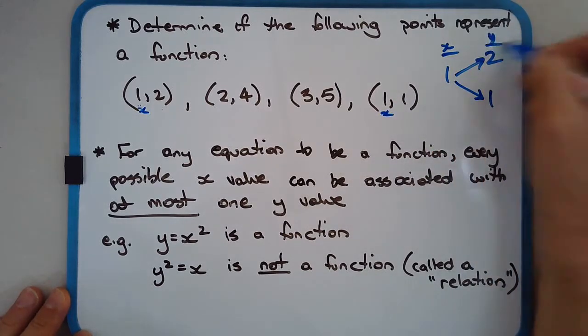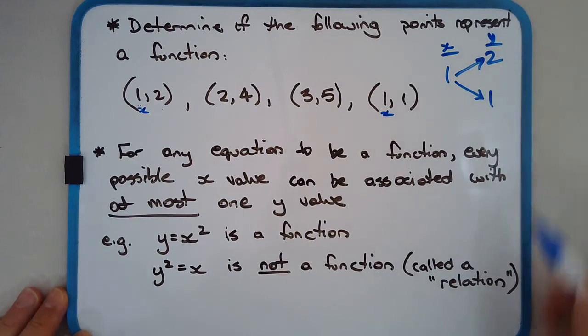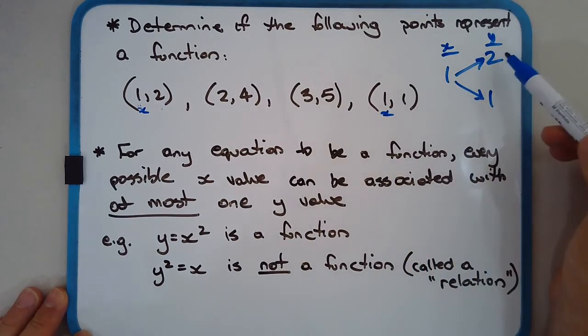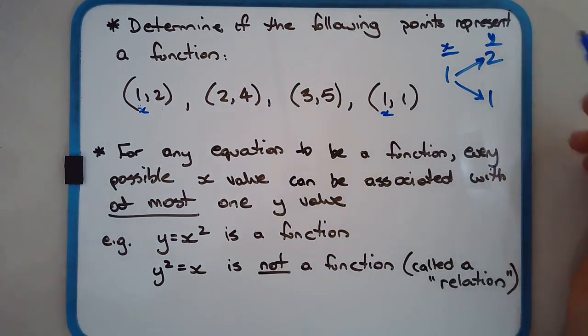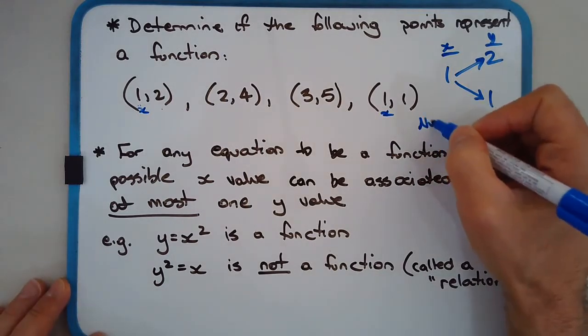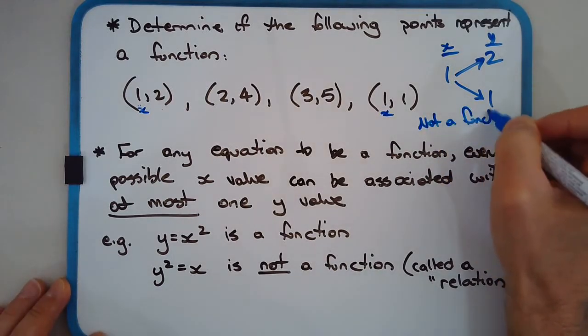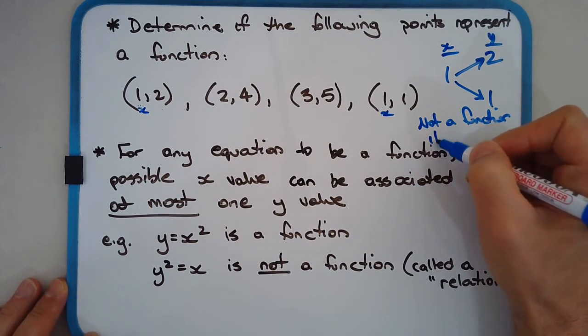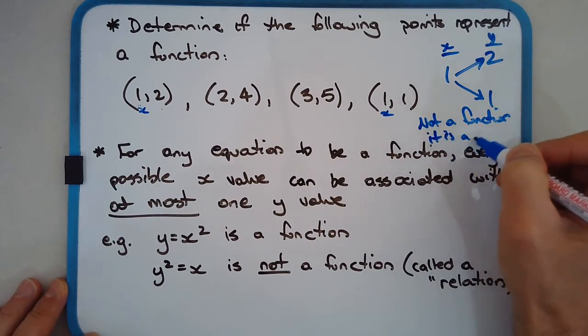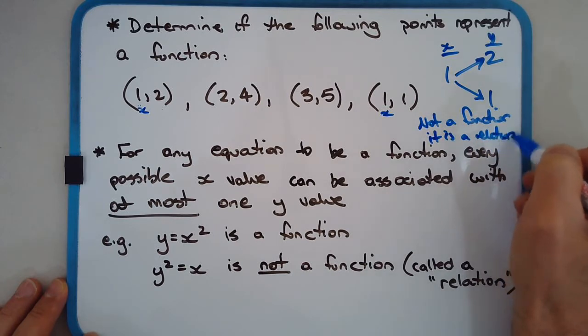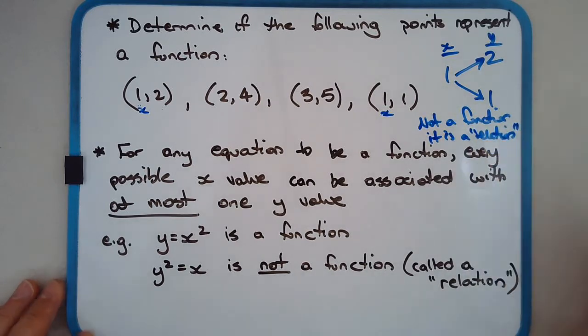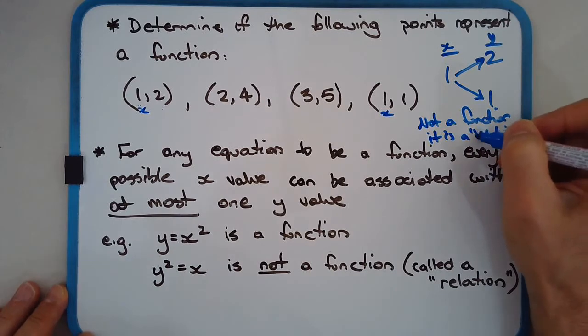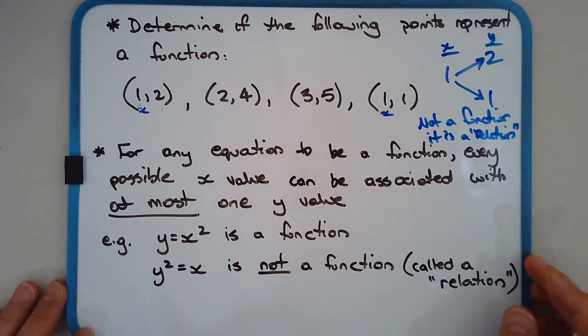And there's the y values. One x value cannot map to more than one y value, so this is clearly not a function. Okay, so it's a relation. Sorry, it's not the neatest there, but I'm trying to squeeze it in at the end.